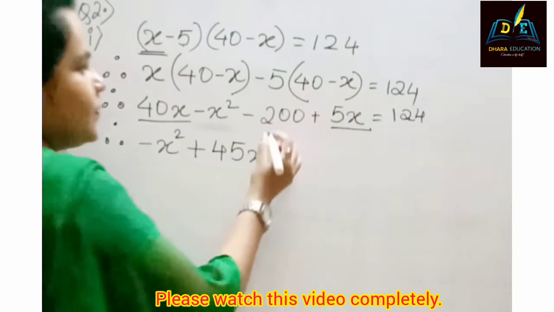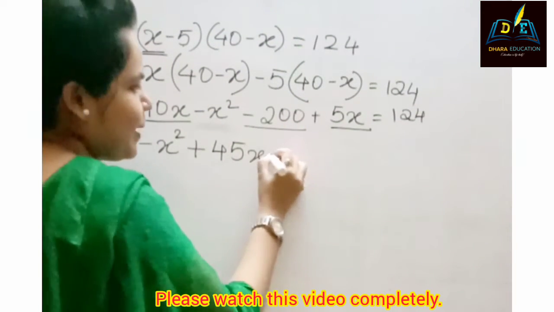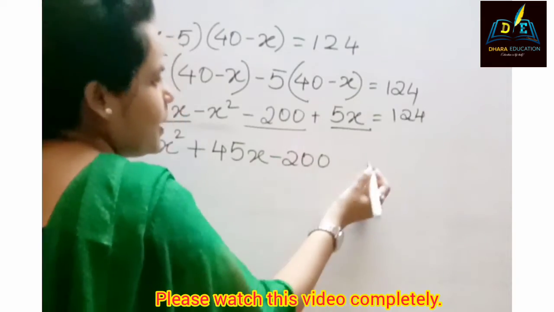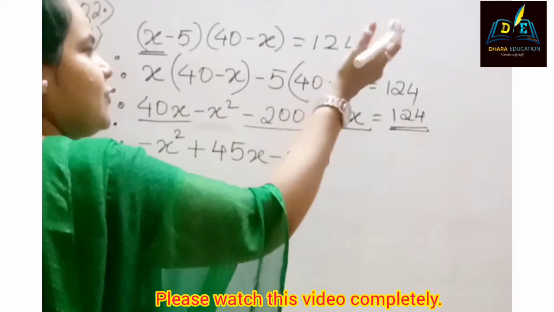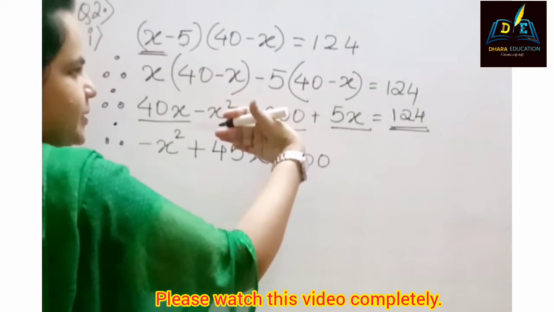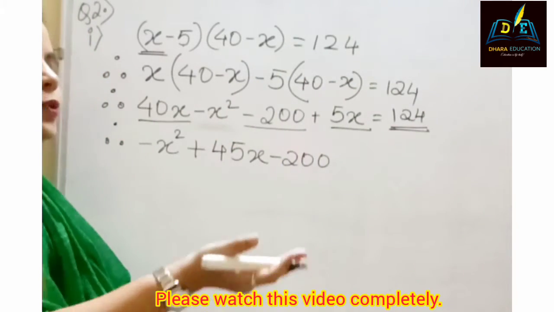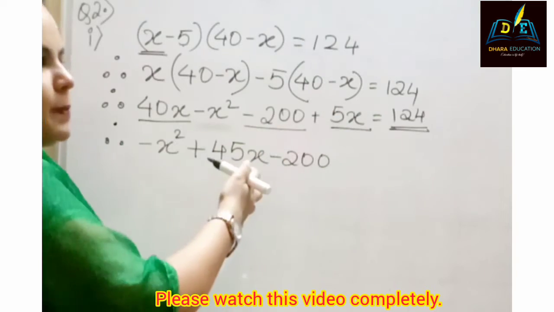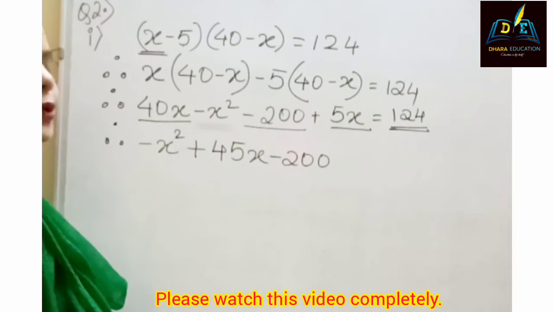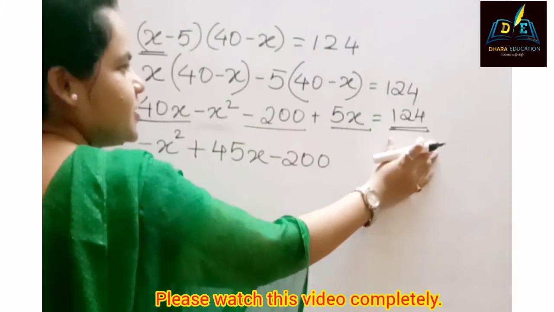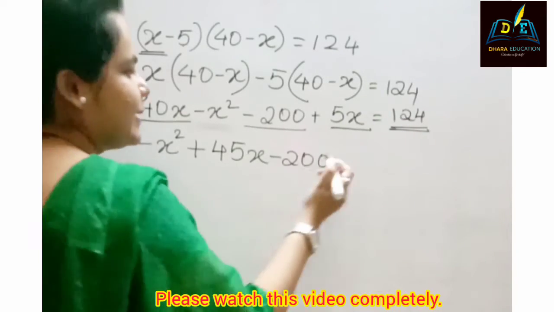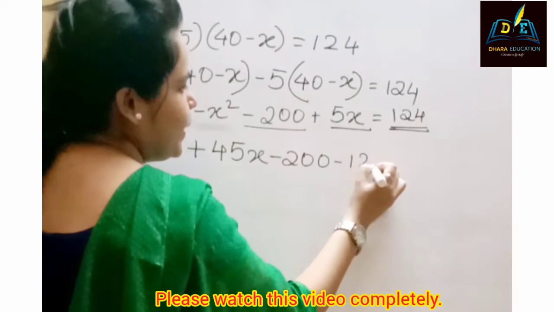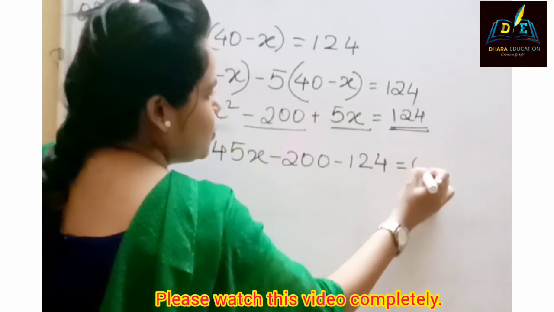Now we will take the last term, that is minus 200, but this number should be sent from the right hand side to the left hand side. When we change the place, the sign will definitely change. So here it is positive, but when it comes to the left hand side it will act as a negative, that is minus 124 is equal to 0.